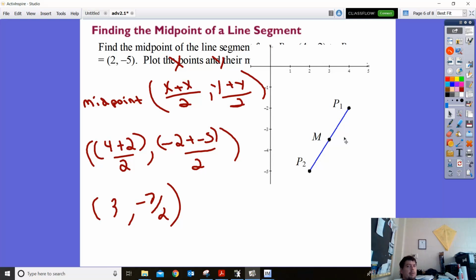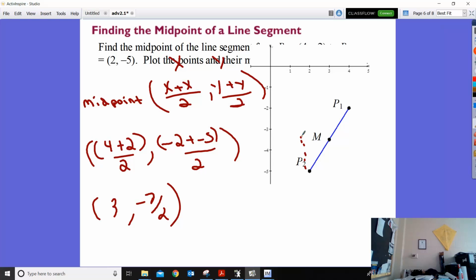There is actually something worth talking about here. How many units did you rise to go from the bottom to the middle? You went from -5 to -3.5. What did you rise? 1.5, right?